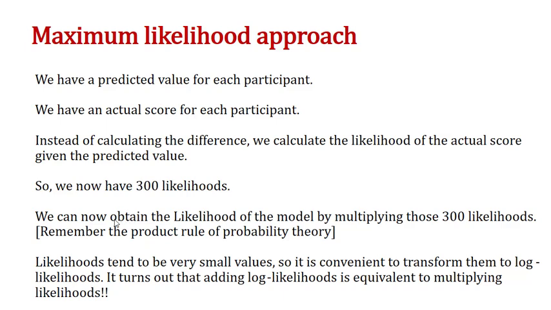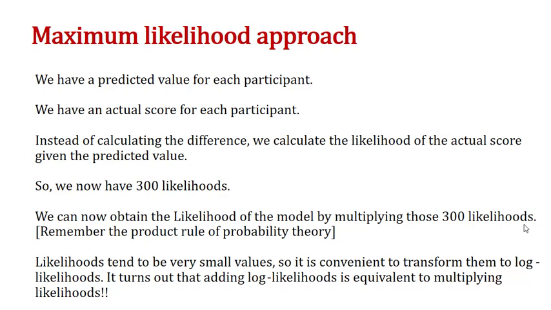Now what we can do is obtain the likelihood of the whole model by multiplying those 300 likelihoods. So the likelihoods are like probabilities. Remember probability theory that we saw in previous videos, the product rule.